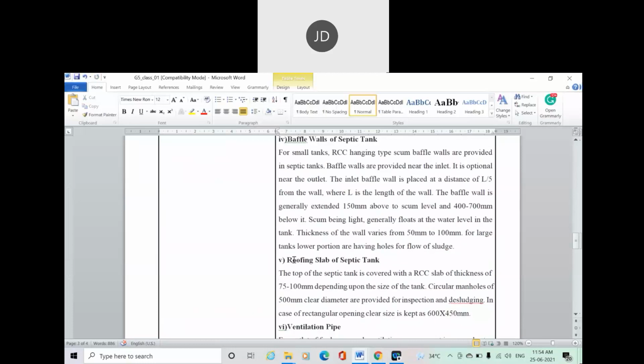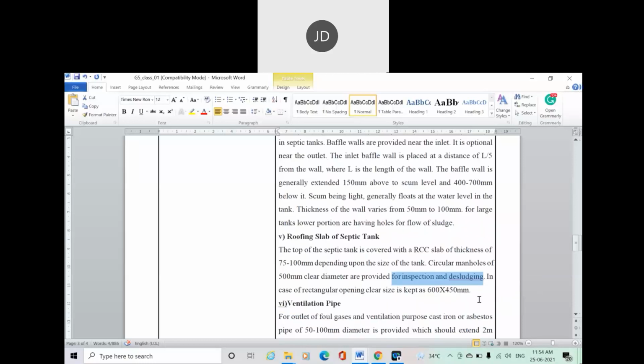So we are discussing the roofing slab. We provide a roofing slab of 75 to 100 millimeter, but it also depends on the size of the tank. In the roof slab nearby the outlet pipe at the top, we provide a circular manhole of clear diameter 500 millimeter, which facilitates inspection work and desludging. That means we can use it for cleaning the septic tank.